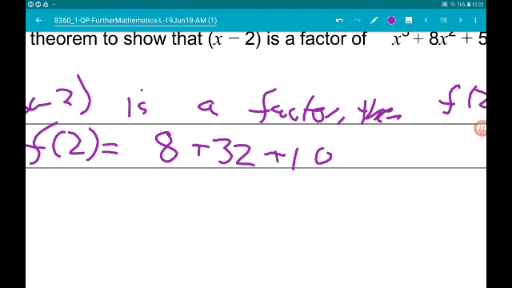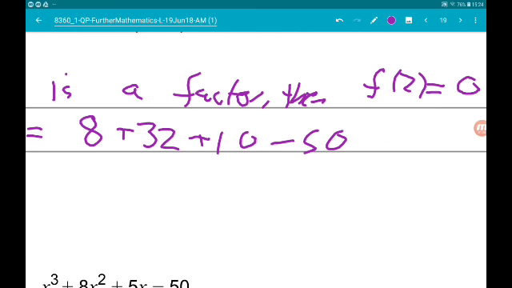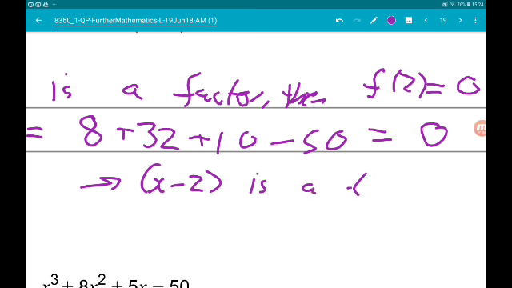Now all of that is 50, then we got minus 50, so that does indeed equal 0. So x minus 2 is a factor.